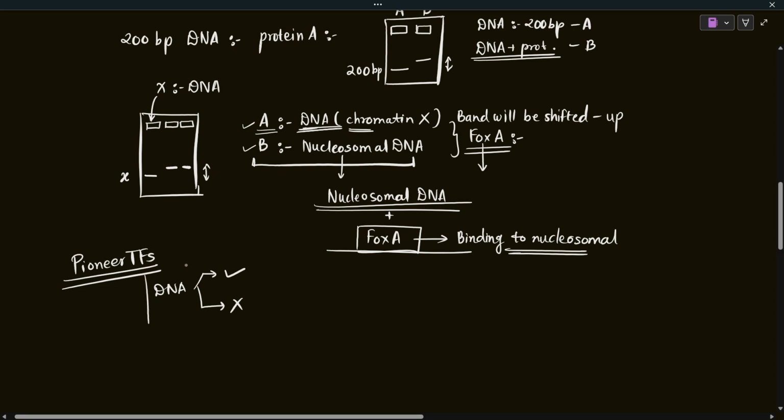So it doesn't matter whether DNA has nucleosomes or not, they can bind to their designated sequences. Examples of pioneer transcription factors are FOXA, SOX2, OCT4. So I hope this was clear.